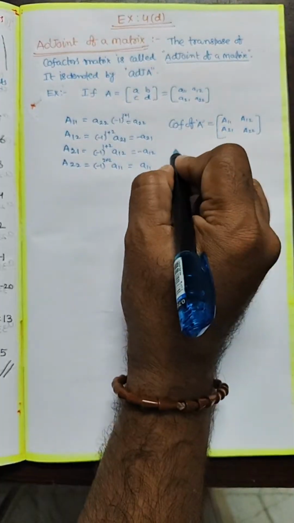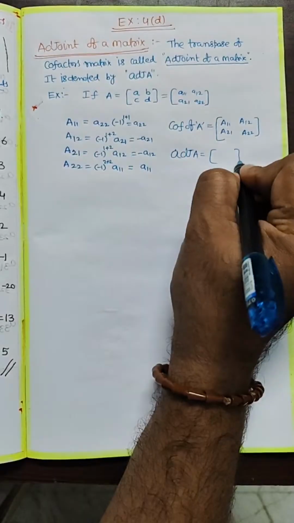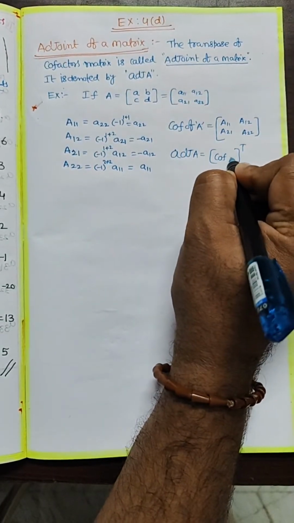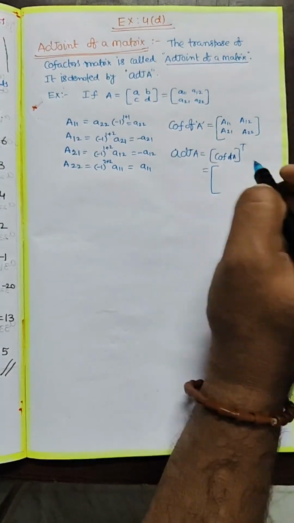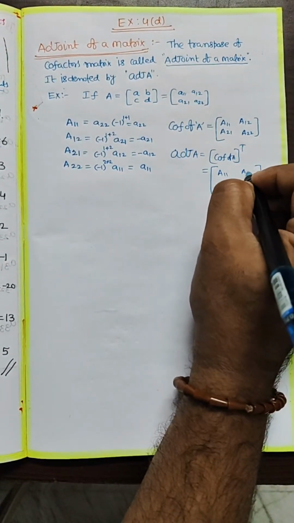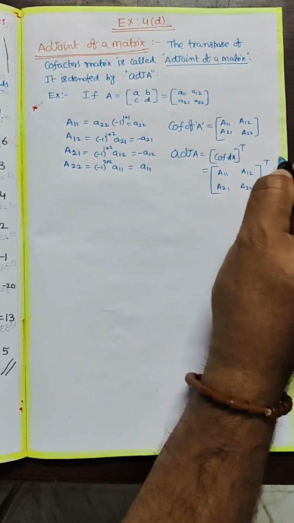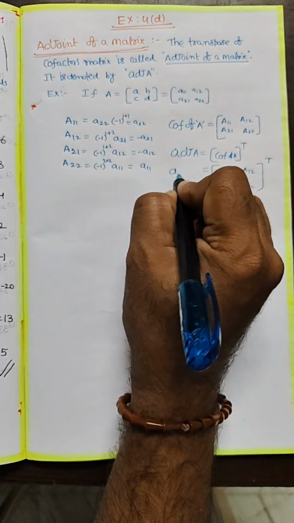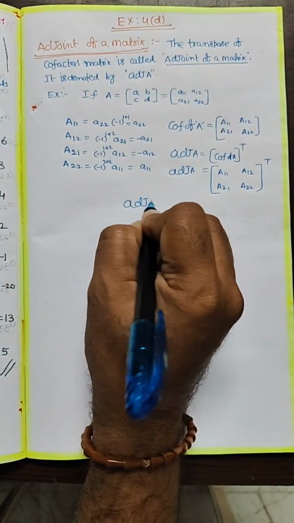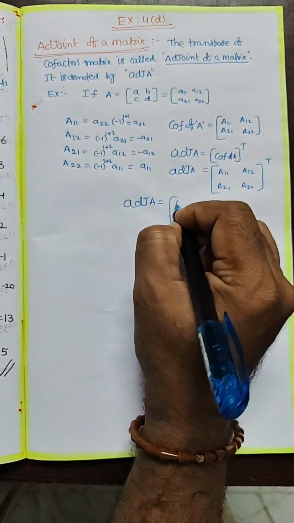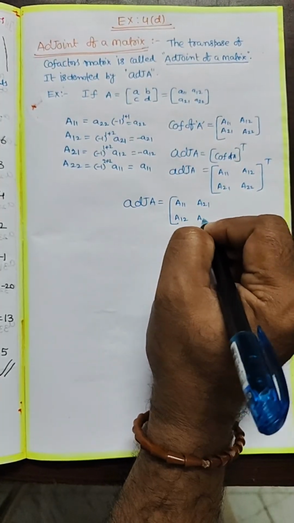So, what does adjoint matrix mean? Adjoint of A is equal to the transpose of the cofactors of A, dear students. So, transpose of this matrix A11, A12, A21, A22. So adjoint A equals A11, A21, A12, A22.